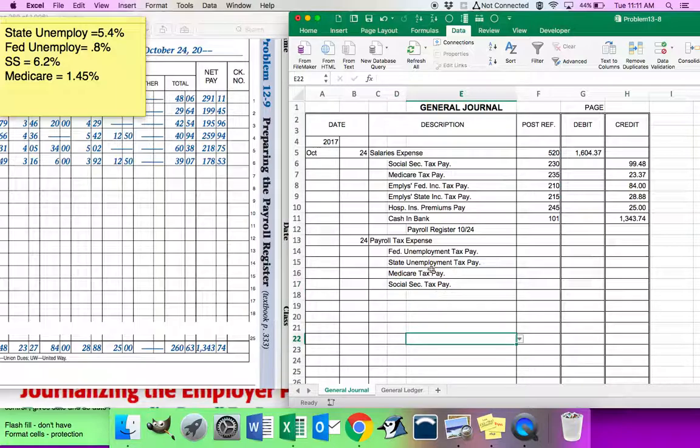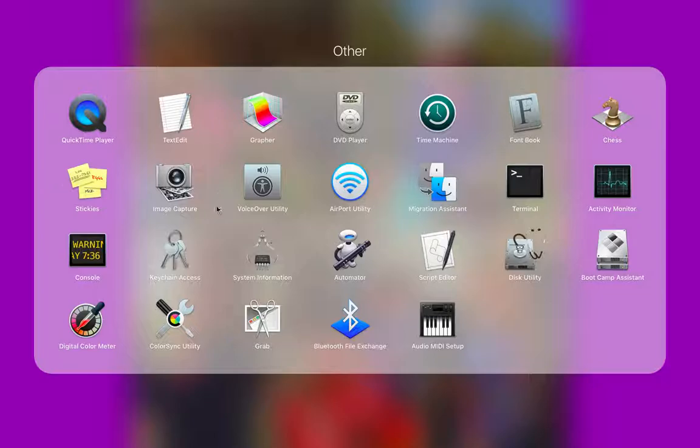Again, you'll notice that for employees we pay federal income and state income taxes. For our taxes as an employer, we owe federal unemployment and state unemployment, and we both pay Social Security and Medicare tax. Okay, so let me get my calculator out and I'll do the math in front of you.